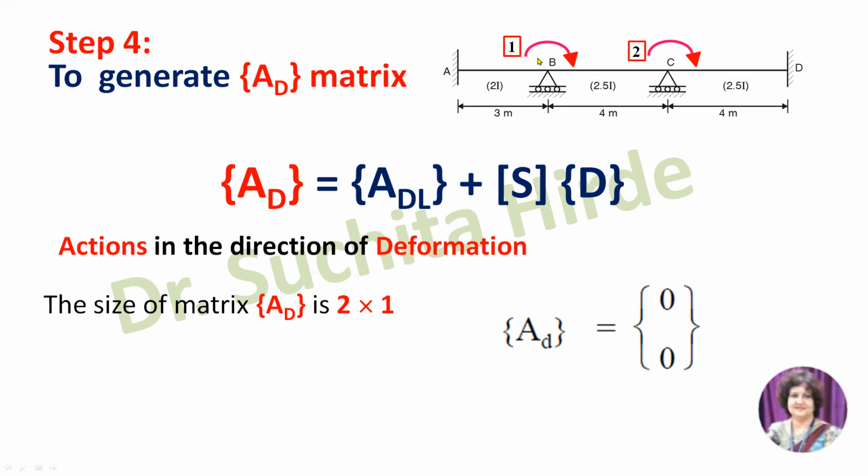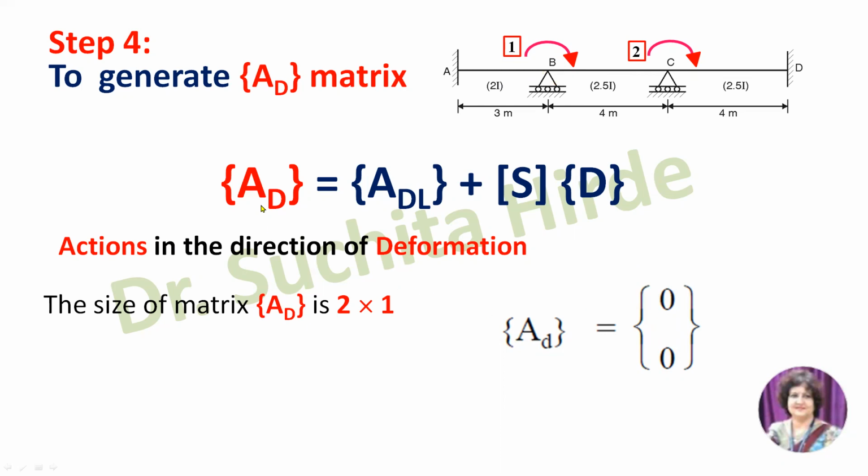For example, if there is a 100 kilonewton meter moment acting at B, and it is clockwise, in the direction of the coordinate, then it will be plus 100. If it is anti-clockwise, then we have to write minus 100.